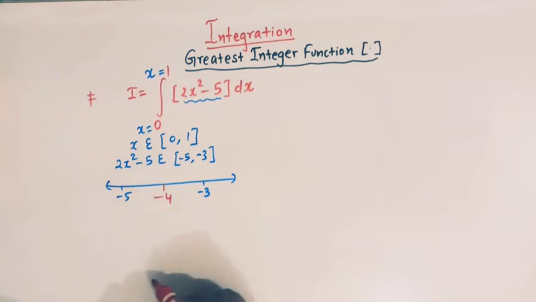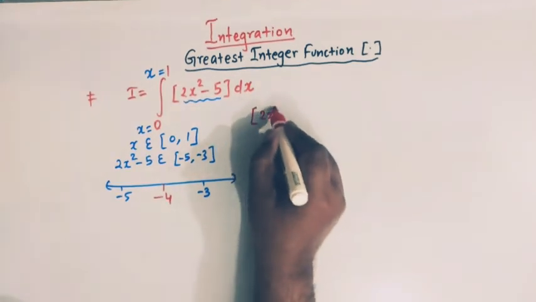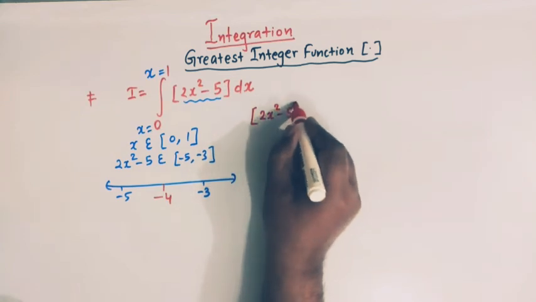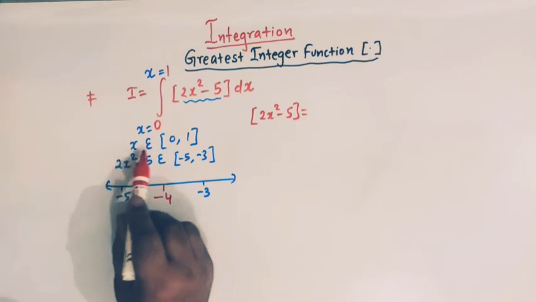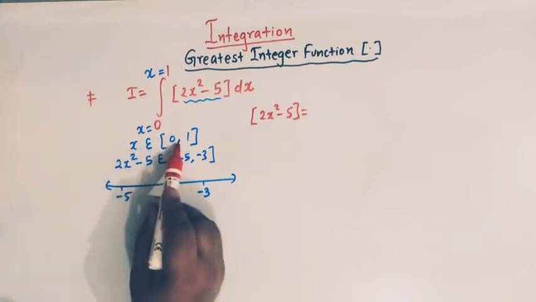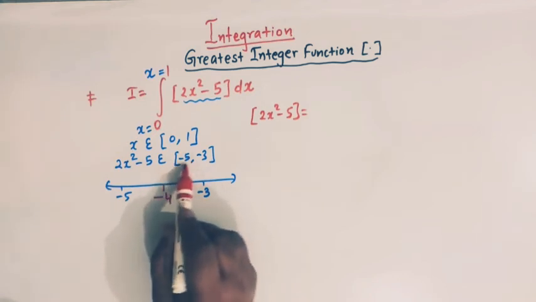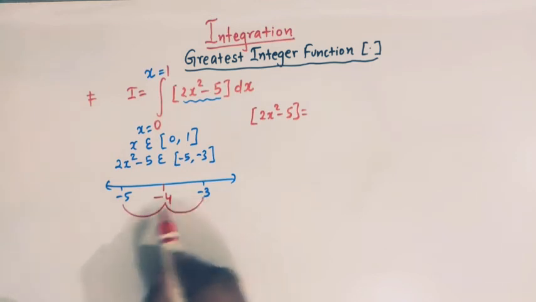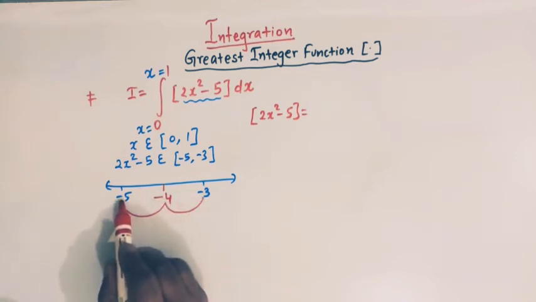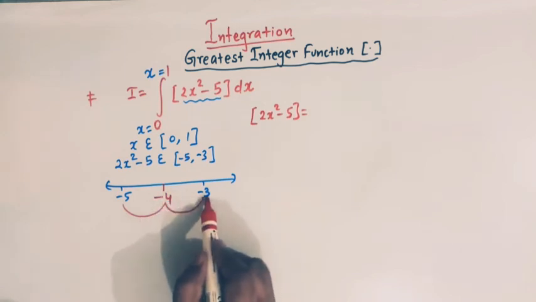Now our aim is to express this greatest integer function as a piecewise function. When x lies in the interval 0 to 1 and 2x square minus 5 lies in the interval minus 5 to minus 3, we have two intervals: one from minus 5 to minus 4 and the other from minus 4 to minus 3.